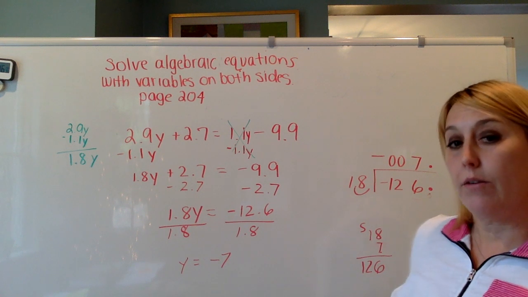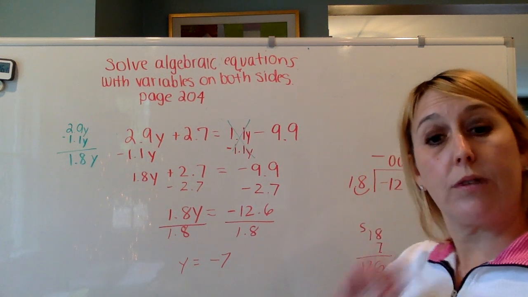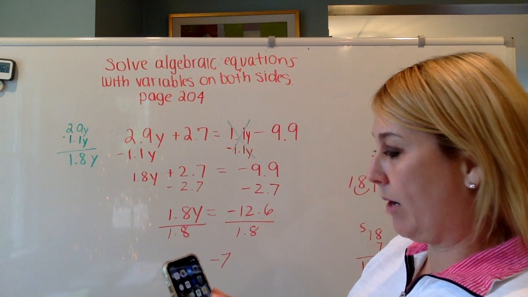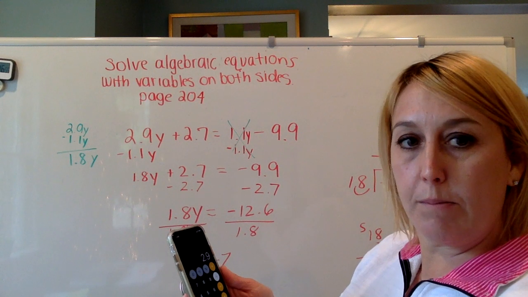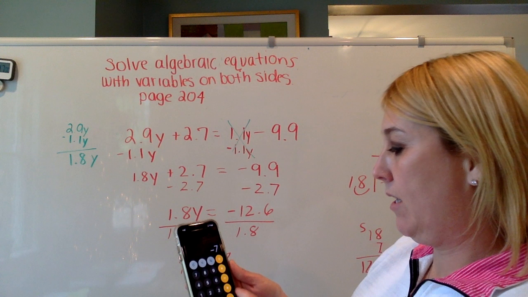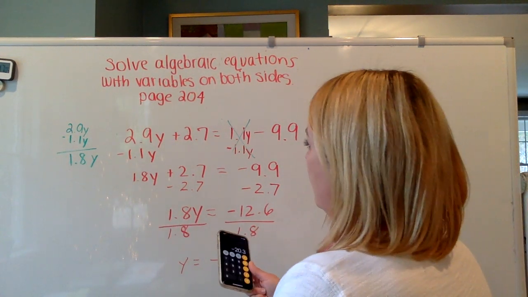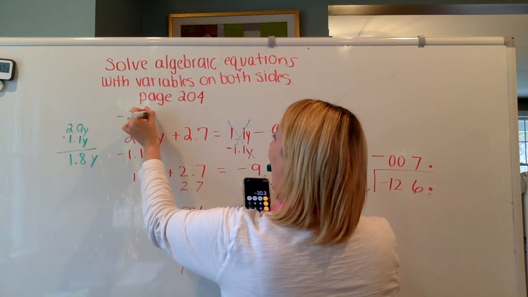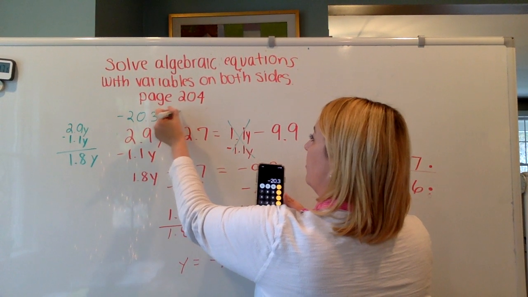-7. And of course, as you should be getting these answers, I've recommended that you substitute. Now, substitute is a place where you actually can use a calculator. I don't have a problem with that at all. So let's see. If I do 2.9 times -7, I get -20.3. Let's try this out. And then I've got plus 2.7.